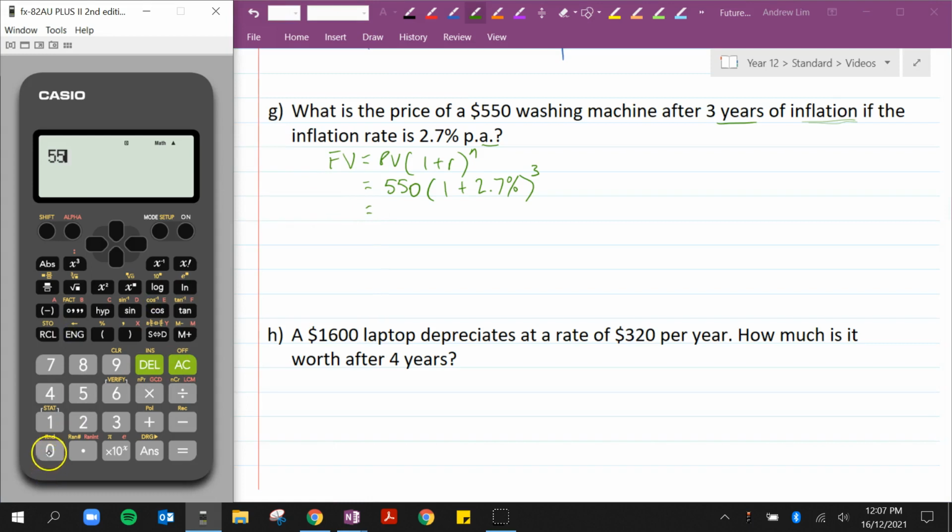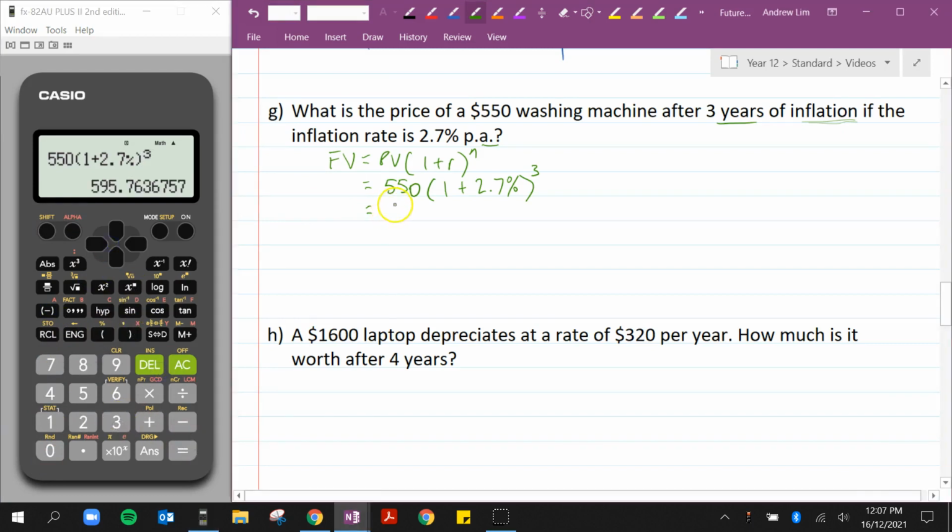So $550 times 1 plus 2.7% to the power of 3 is $595.76. Okay, so that means if you were to buy a washing machine in 3 years' time instead of right now, you're going to have to pay $45.76 more.